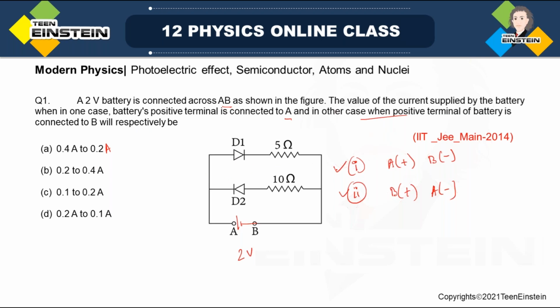Okay, so let me see what happens in this particular configuration when A is positive. So when A is positive, then see this diode is reverse biased, right? Reverse biased. Okay, whereas this is forward biased.